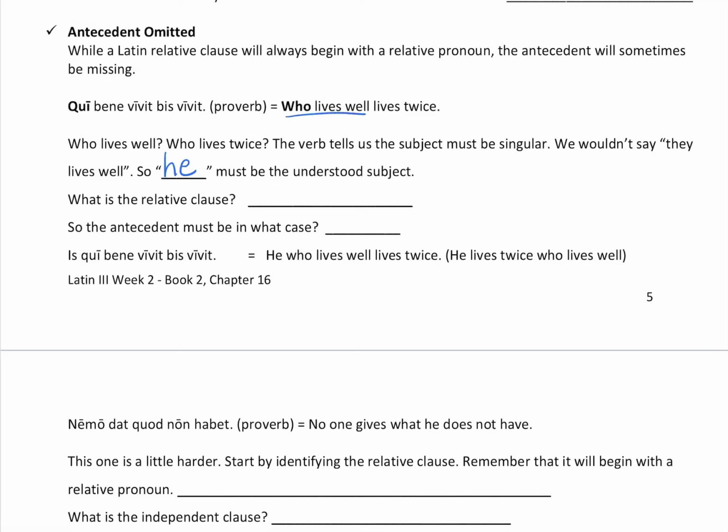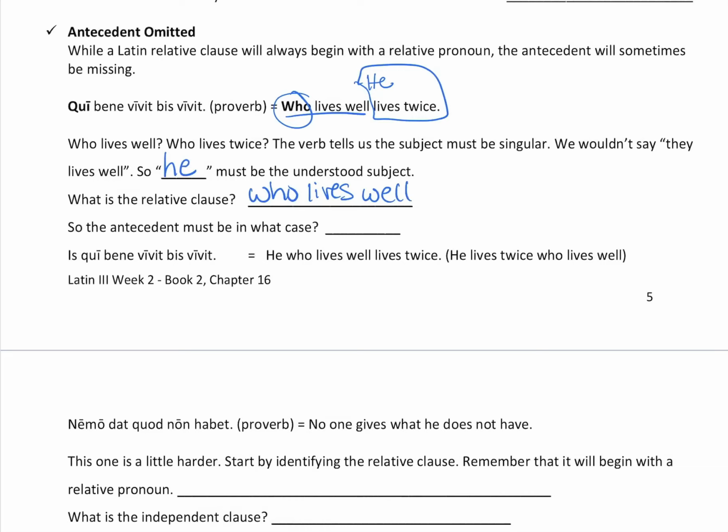It can't be the whole thing, because we can't have an independent clause and a dependent clause together. So if we insert the "he" right here, this shows you that this part is the complete sentence: he lives twice. So the relative clause is "who lives well," starting with the relative pronoun.